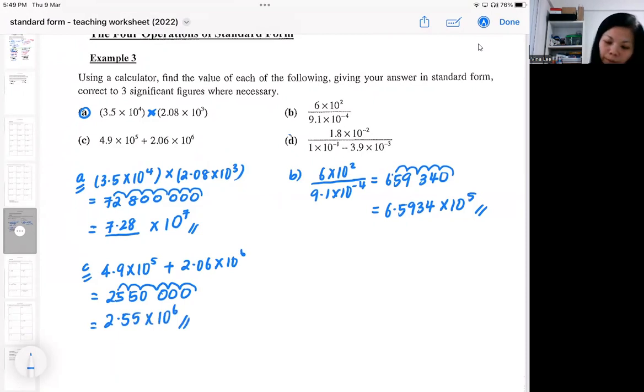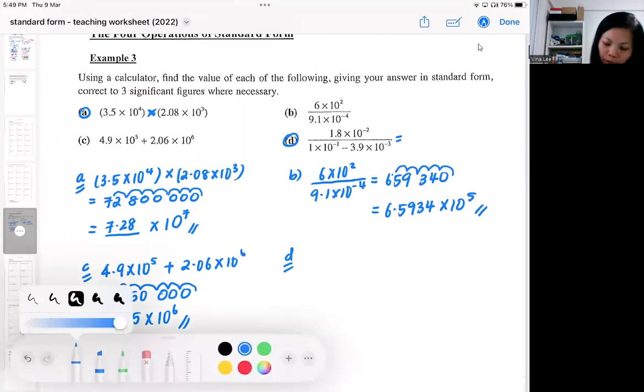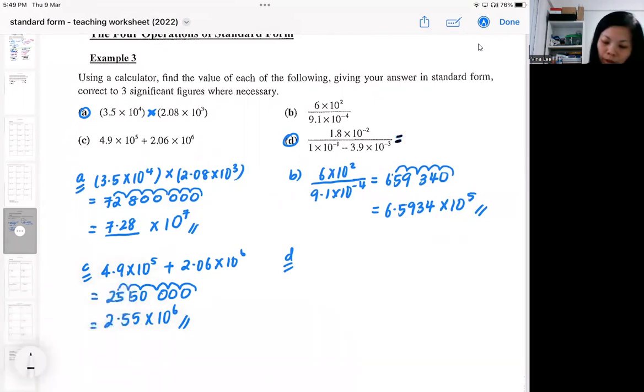Okay, so for part D, same thing. You punch out everything. This time around, you get 0.18730.